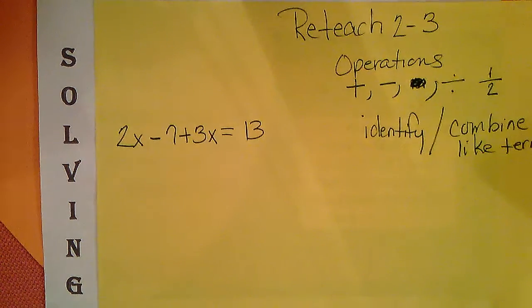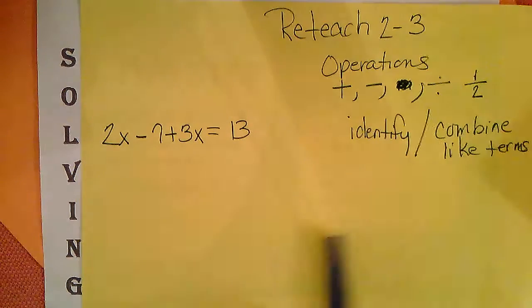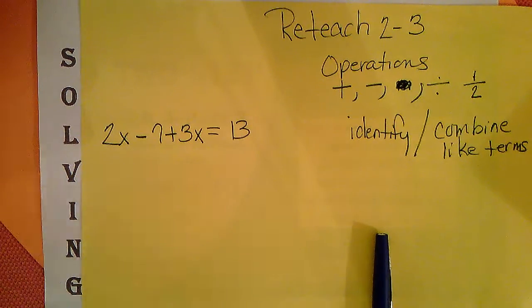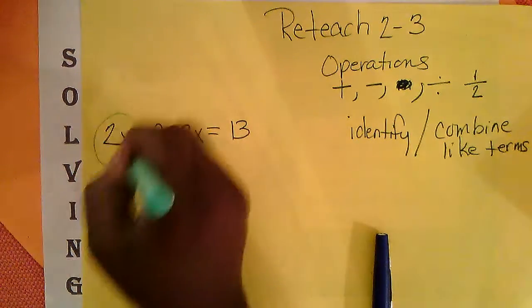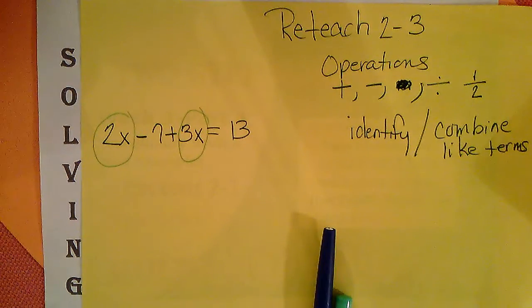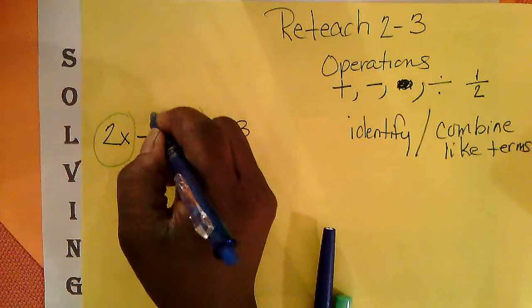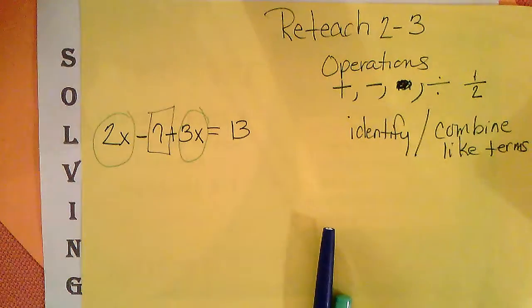So with that being said, we identified 2x and 3x to look alike, and we have just our constant here.